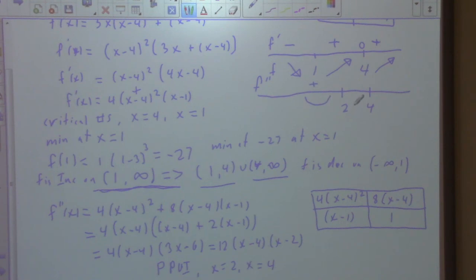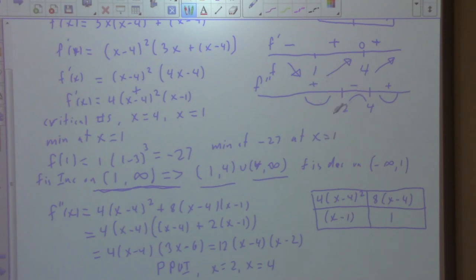And between 2 and 4 we'd have concave down, and greater than 4 we'd have concave up. And this is what's going to help with the curve sketching. So we have concave up from negative infinity to 2 and 4 to infinity, right? And concave down between 2 and 4.